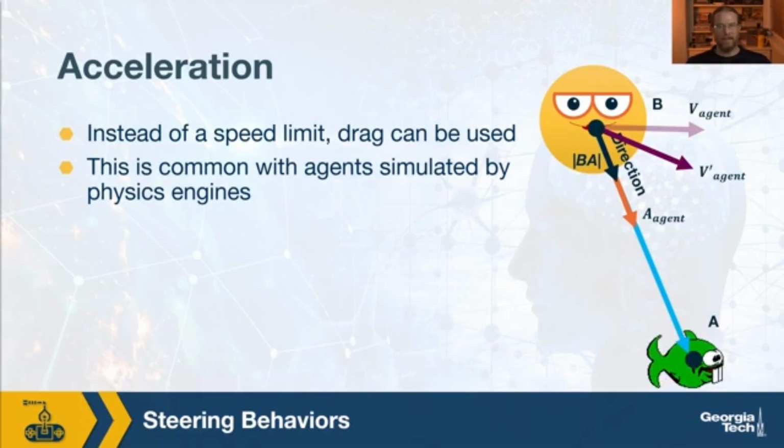So that's balancing the drag that's proportional to the translational speed against the acceleration. You can have a similar effect on rotations as well, so that there's an angular velocity drag. But in either case, you do want almost always a speed limit imposed on translational velocities and angular velocities.